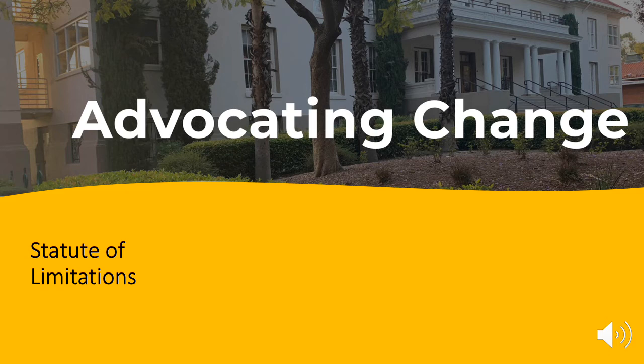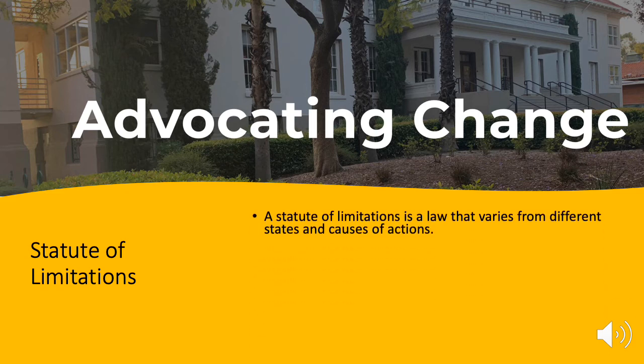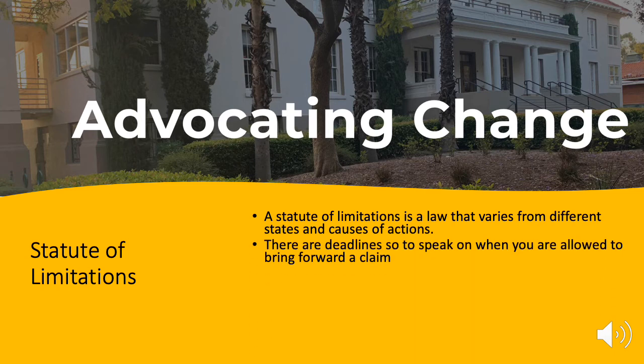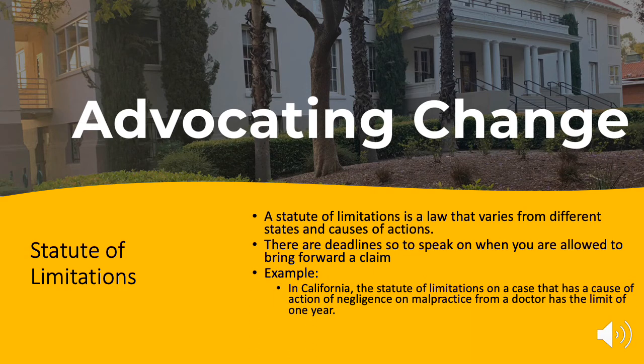of limitations for your case. A statute of limitations is a law that varies from different states and causes of action. They are deadlines, so to speak, when you are allowed to bring forward a claim. For example, in California, the statute of limitations on a case that has a cause of action of negligence or malpractice from a doctor has a limit of 1 year.